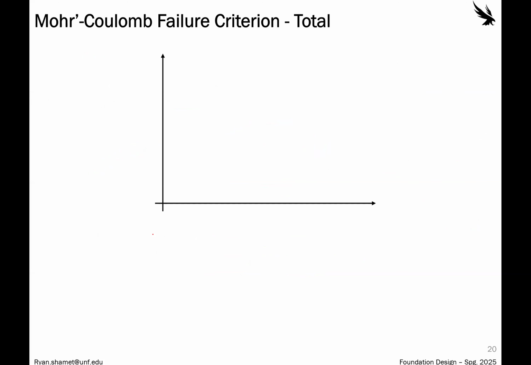So the way we find this is through a Mohr-Coulomb criteria, because remember, the shear stress at failure, or the shear strength, is a function of our normal stress. So what we're going to plot here is our normal stress versus our shear stress.